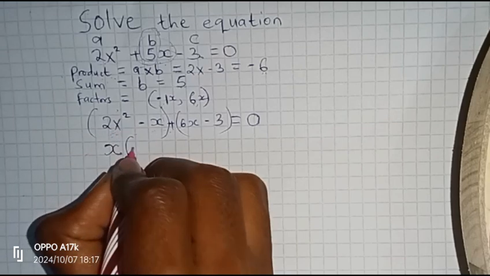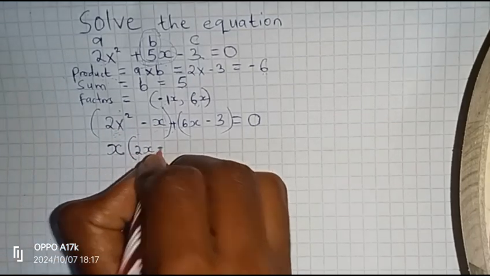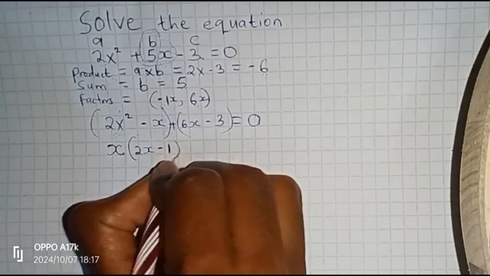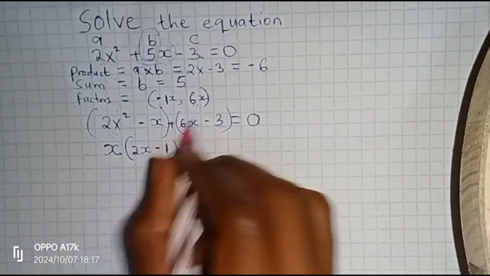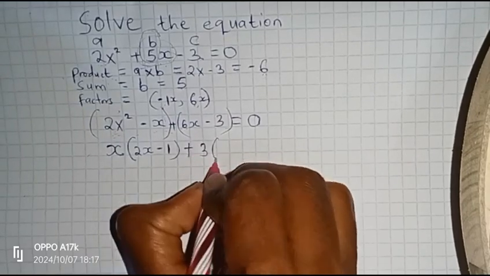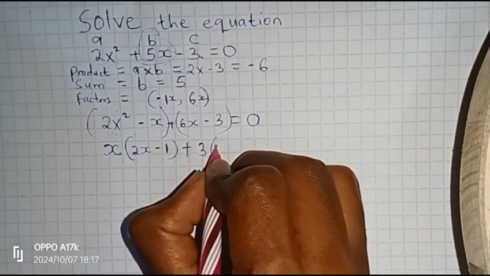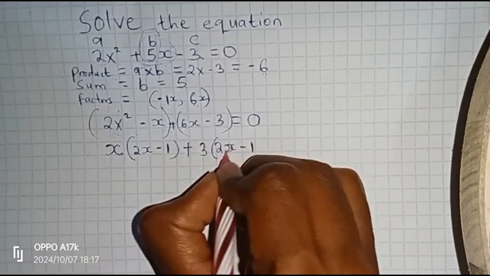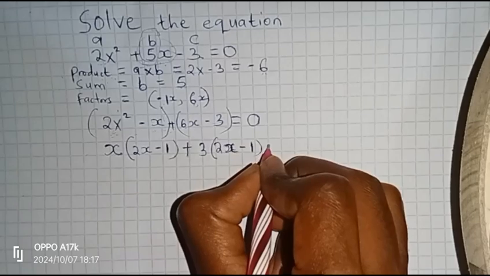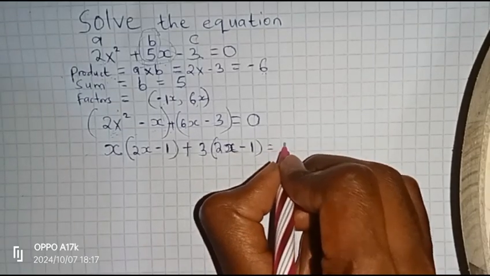You will remain with 2x minus 1 here. Let's go to that side again. What's common here? 3. You remain with 2x minus 1. All of them are equal to 0.